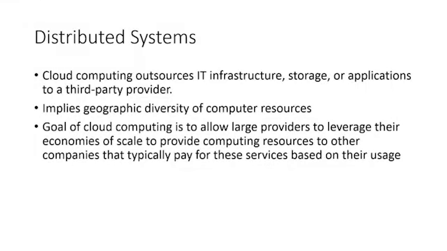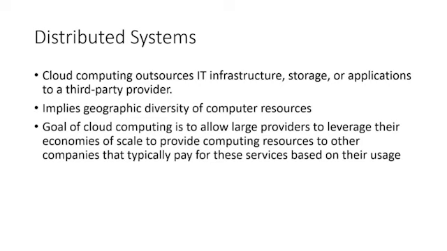And then we also have something called distributed systems. These guys have been around for a while too. It's kind of hard for me to jump on board with this one just because I look at it from a security standpoint. But cloud computing, they outsource IT infrastructures all the time, storage all the time, or applications to third-party providers. Now, what distributed systems do is they imply a geographic diversity of your computing resources.